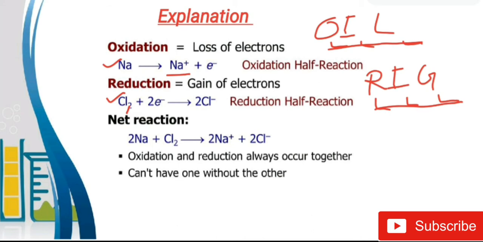When you take two chlorine atoms, they gain electrons and you get the chloride ions. Two chlorine atoms combine to form one chlorine molecule. When sodium combines with chlorine gas, you get NaCl, which is formed by Na plus and Cl minus.